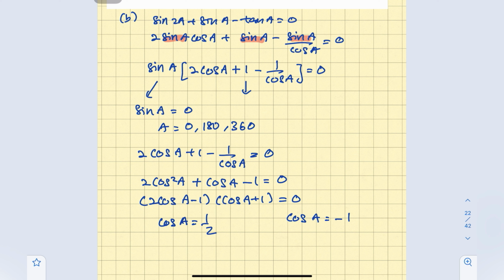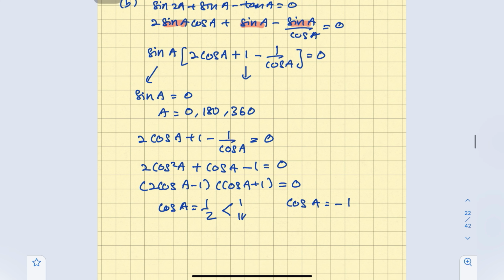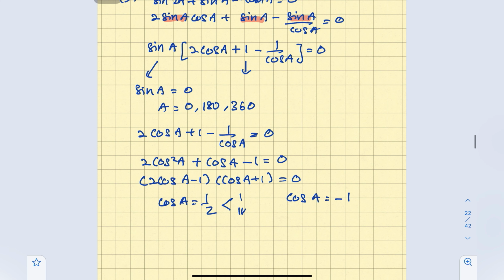Okay, cos is positive in quadrant 1 and quadrant 4. So cos a equals 1 over 2, shift cos 1 over 2 is 60 degree in quadrant 1. In quadrant 4, 360 minus 60, 300 degree. Okay, so cos a equals negative 1, a is 180 degree.